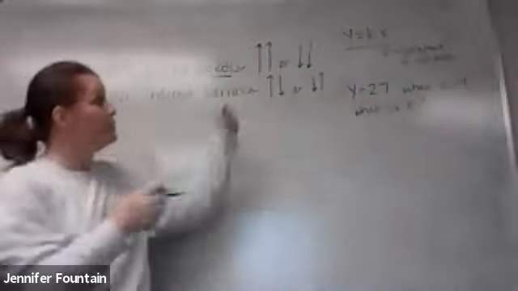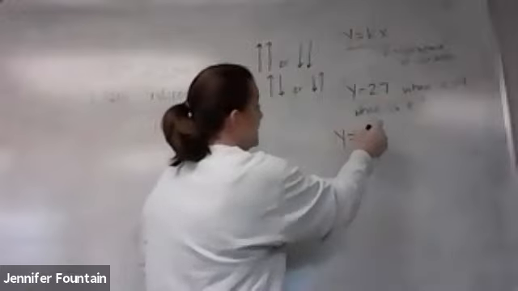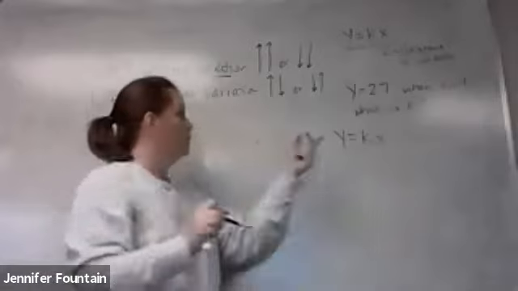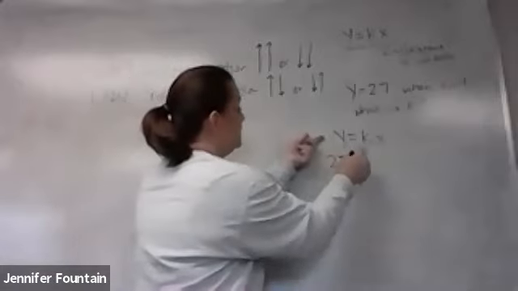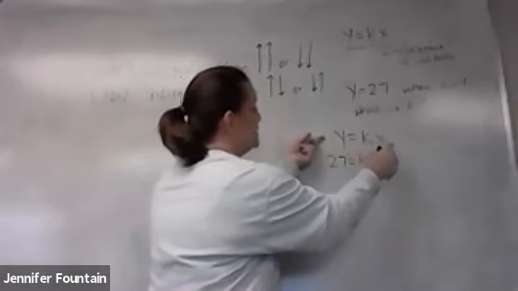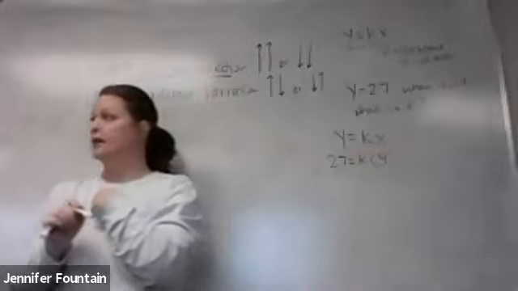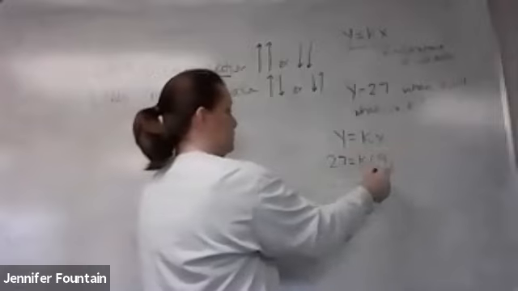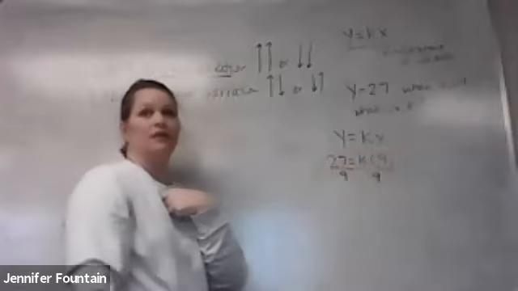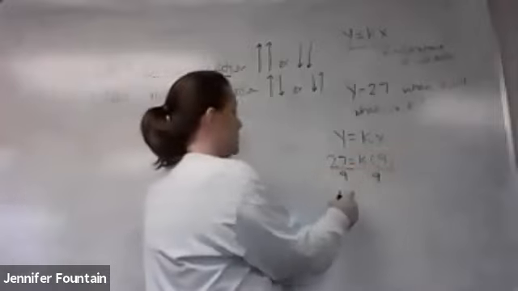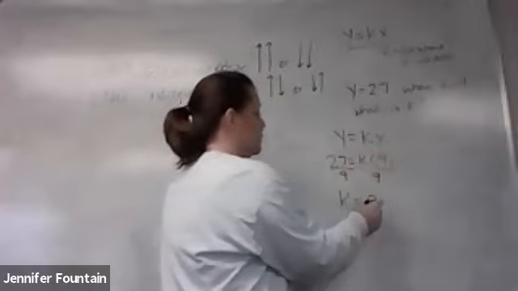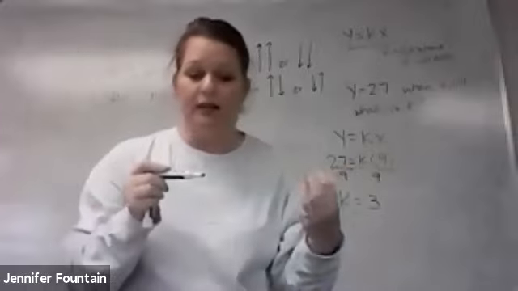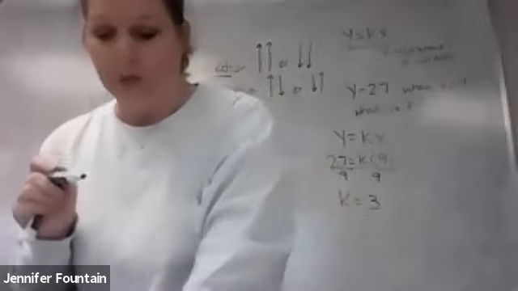So I've got my equation where Y equals K times X. What two things do I know? Y and X. I know Y is 27, K times 9. How can I solve for K? All I've got to do is divide by 9. So what does K equal? 3. So it means it's going up by 3s every time. My constant of variation is 3, okay?